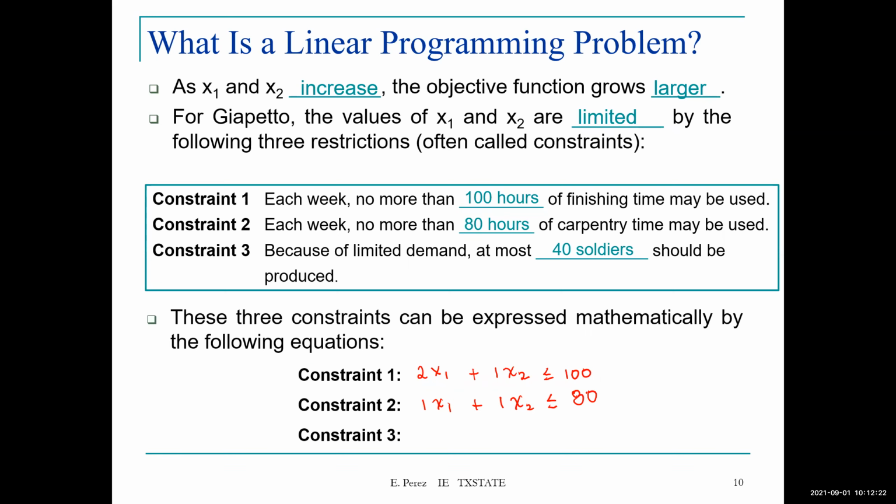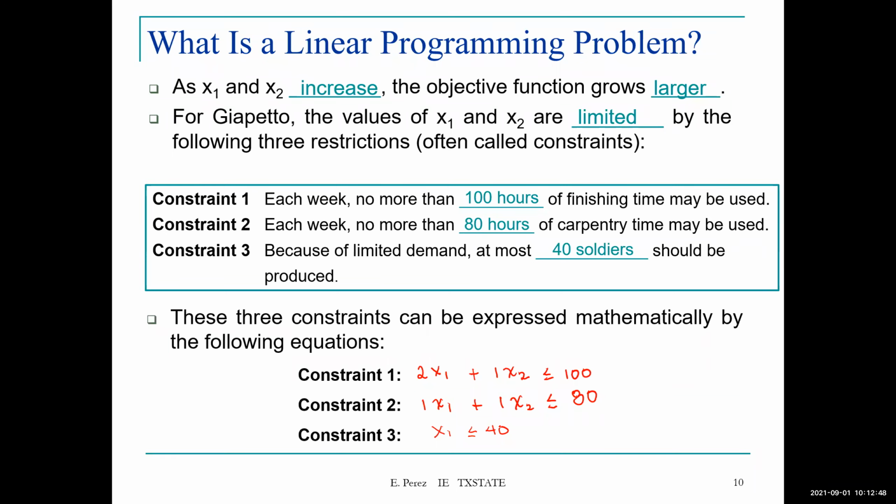And the third constraint, since we have a limitation in the demand only for the soldiers, we are going to use the decision variable representing the number of units that we are going to produce for soldiers, which is x1 in this case. That has to be less than or equal to 40. And those are the three constraints.